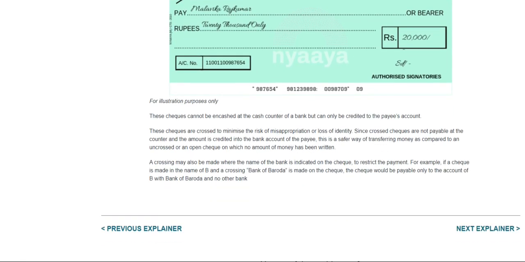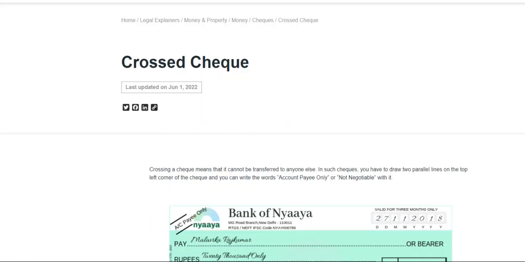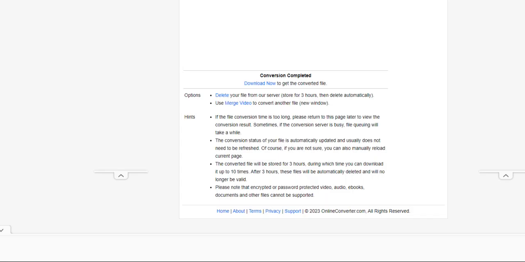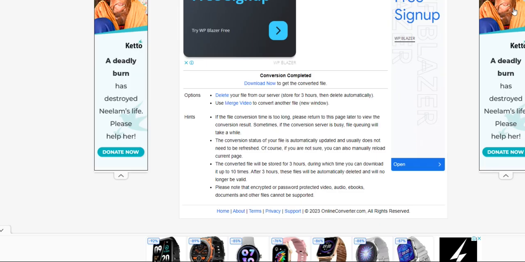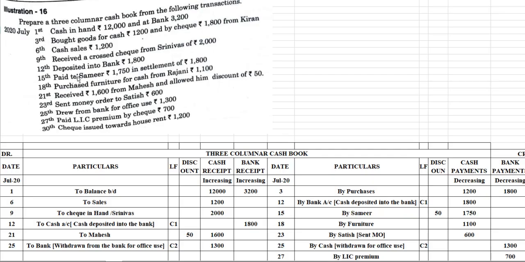That's why here they have not considered the check which we have received in this transaction. Okay, we received a cross check from Srinivas. That cross check is not considered here as a check in hand. They have directly written it to Srinivas, that is 2000 rupees in this account.